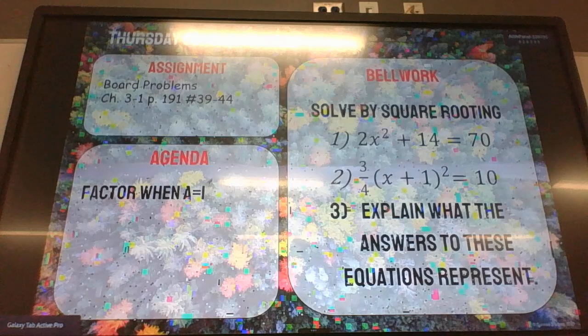So I would subtract the 14. Then I would divide by 2 so that x squared is more alone. This is like multiplication right here. And then we have x squared equals 28. And now the square term is isolated.